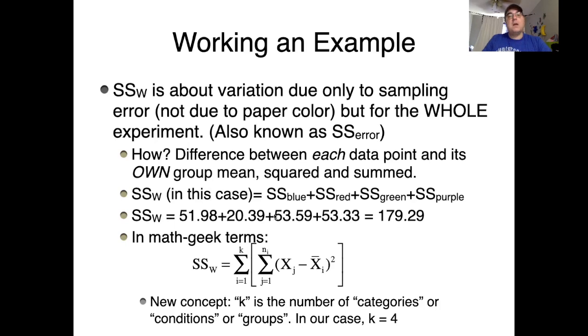If you do the same thing for red, you get 20.39, for green 50.59, and for purple 53.33. These are the sums of squares for each one of those groups. If you put them over the n minus 1 for each group, you would have variance for each group. And if you took the square root, you'd have the standard deviation for each group. But we don't want to do that. We want to add them all up as sums of squares first before we go on. So the total for those sums of squares is 179.29.